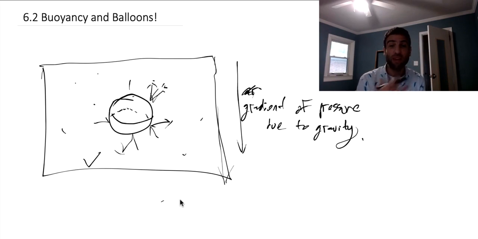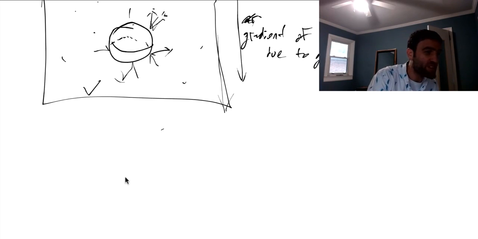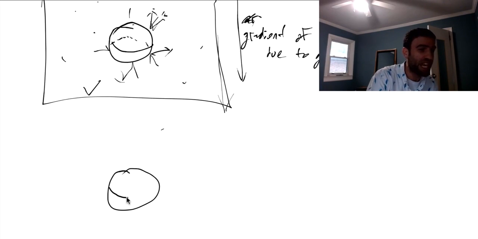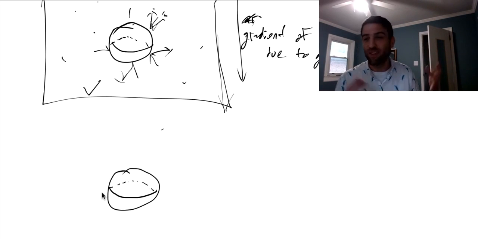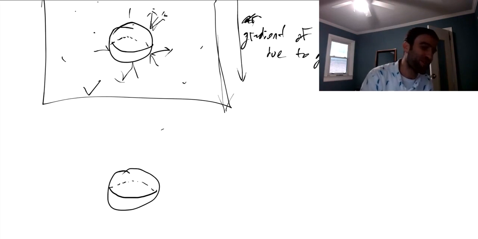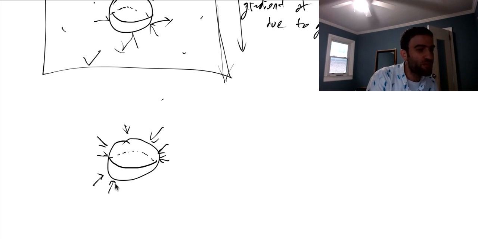And so what that means is if we're looking at this sphere and it's immersed in a gas in Earth's atmosphere, say, so it's immersed in the air and there's gravity, well, if you look at all of the random forces from all these collisions between gas particles and the sphere, those forces tend to be a little bit bigger on the bottom than they are on the top.